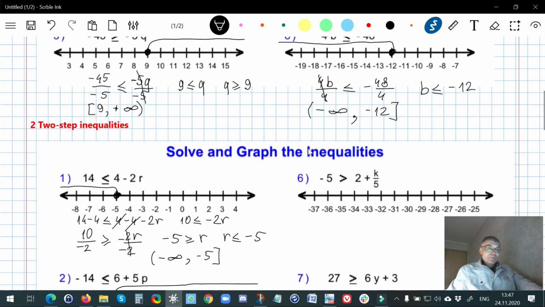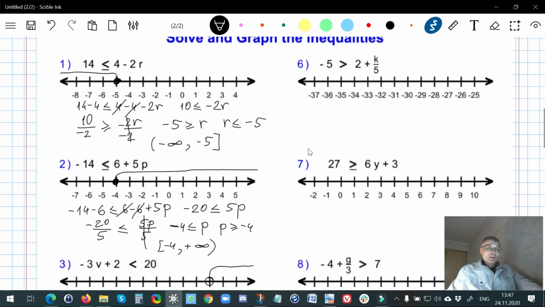Okay, so in number 6 we'll have to multiply again because we see k over 5. But first of all we have to isolate. Negative 5 minus 2 is greater than 2 minus 2 plus k over 5. Here k cancels. Negative 7 is greater than k over 5.